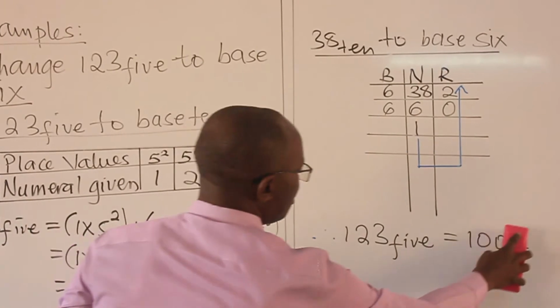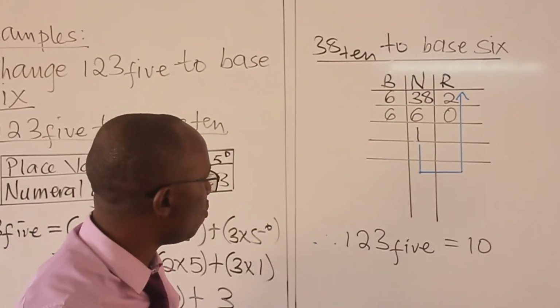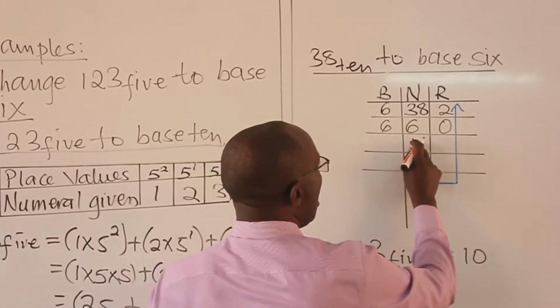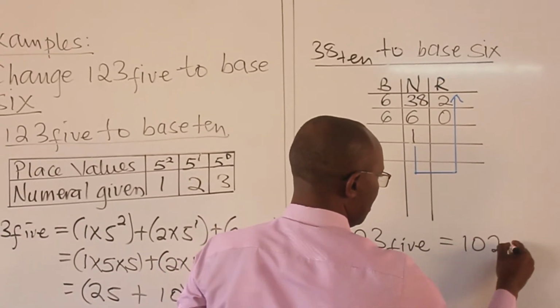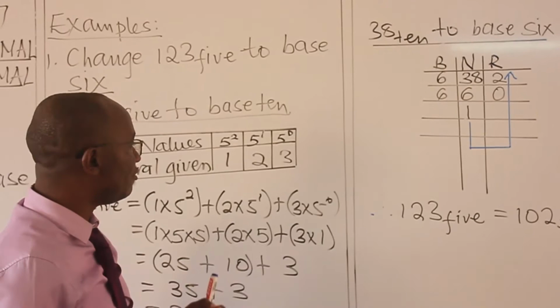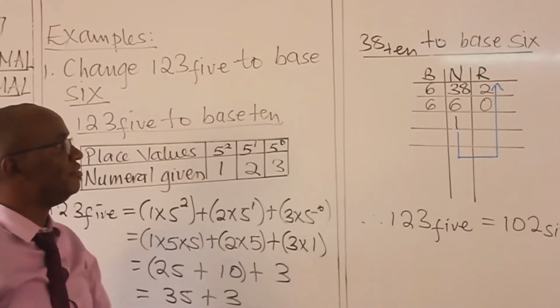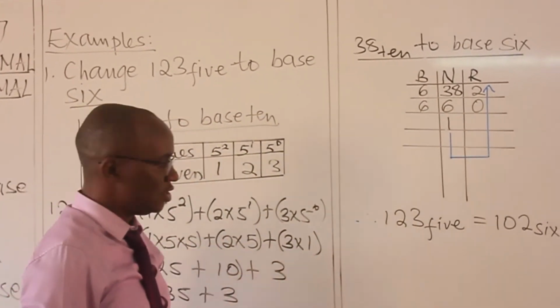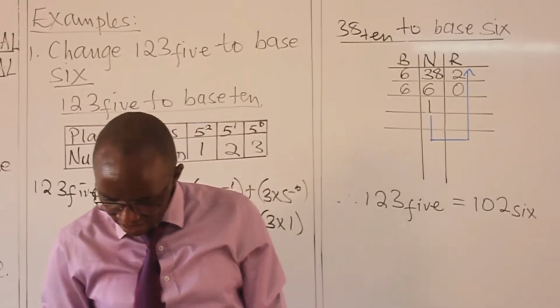Please, there is an extra 0. I've written an extra 0. It is 1, 0, 2 base 6. So that is the answer. You have changed 123 base 5 to base 6. So that is our answer in base 6.